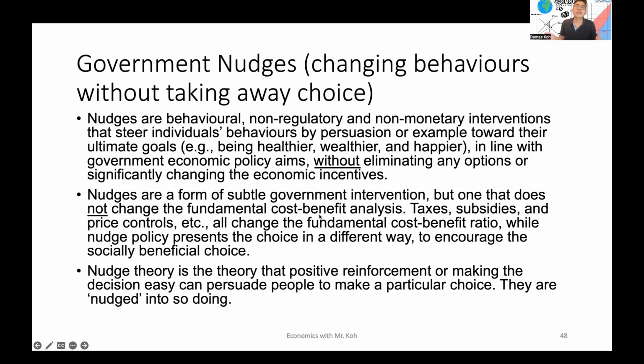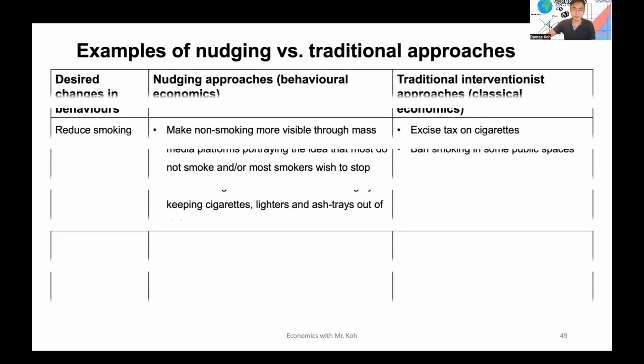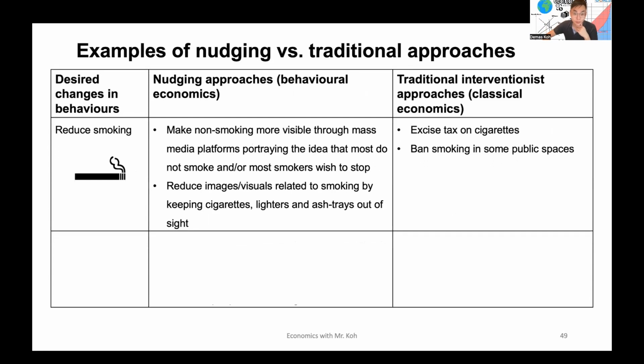So it is theory based upon positive reinforcement on making the decision easy so that people become persuaded, right? And as such, make the desired choices. I'm going to go over a few examples.